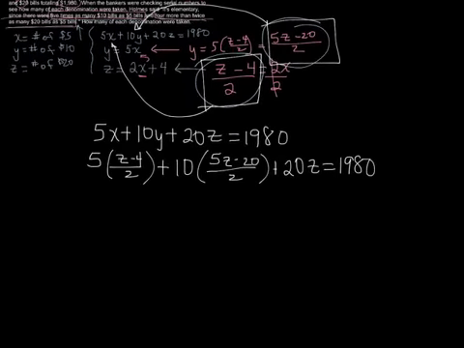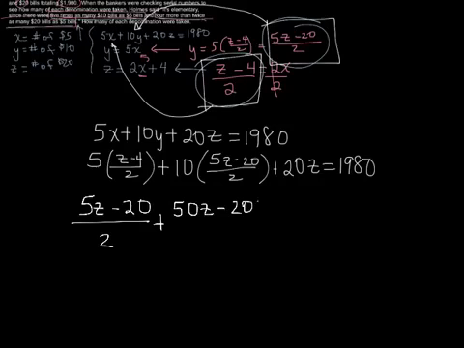And so I can start multiplying through, so I'm going to end up with (5z minus 20) over 2. I just distributed that 5, plus (50z minus 200) over 2, plus 20z equals 1980.